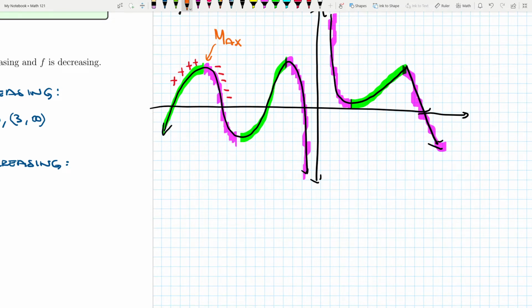Otherwise, if we go from negative slope to positive slope, what do we have? It's a minimum value.